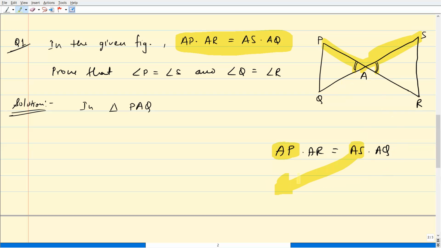That's why I'm bringing this AS down over here. So write AP by AS, transposing this AS down this side. And then you see I have AQ over here on the RHS, and I have AR over here in the LHS. So AR I can bring down to the right hand side, so it will become AQ by AR.